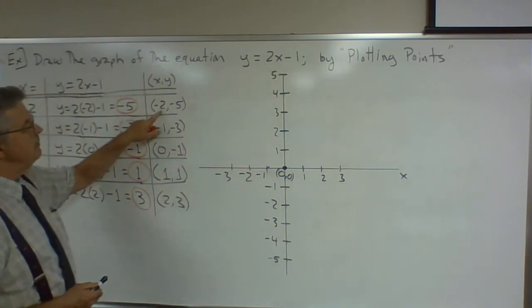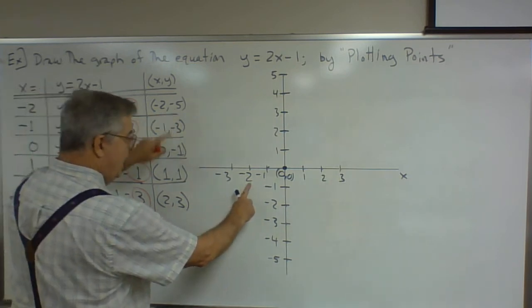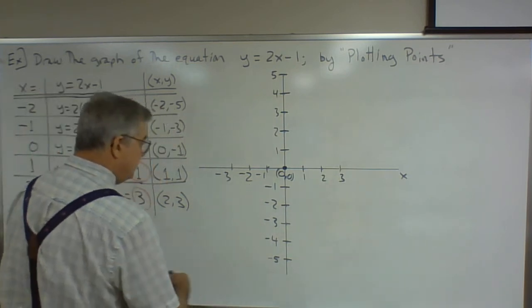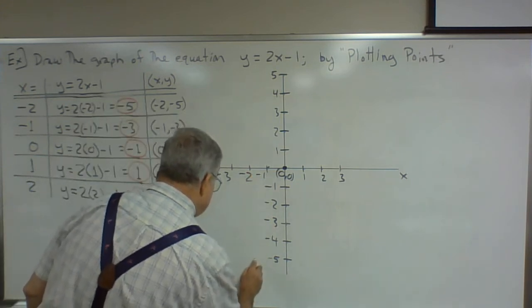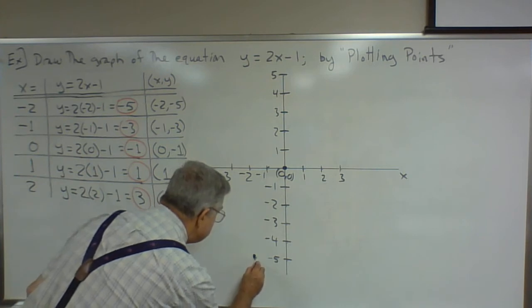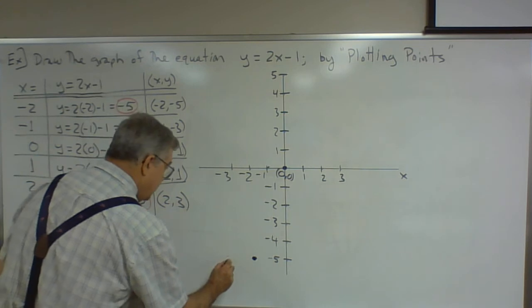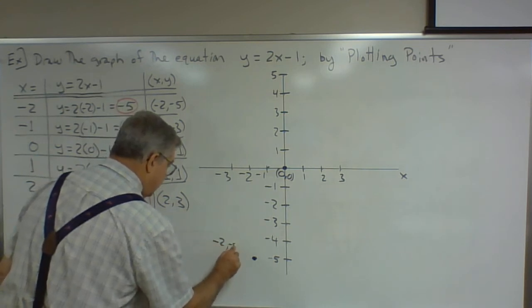So let's plot these points. X equal negative 2, y equals negative 5. Negative 2, negative 5, does that look about right? Okay. Negative 2, negative 5.